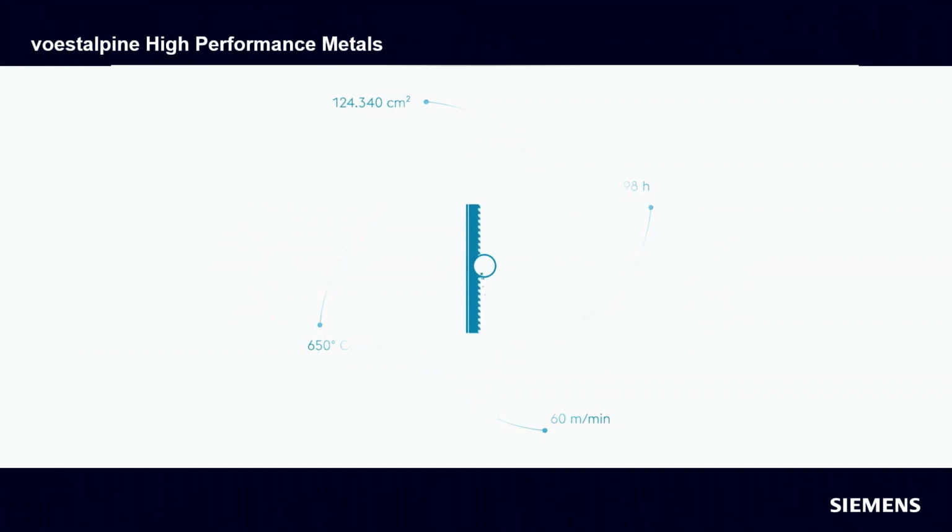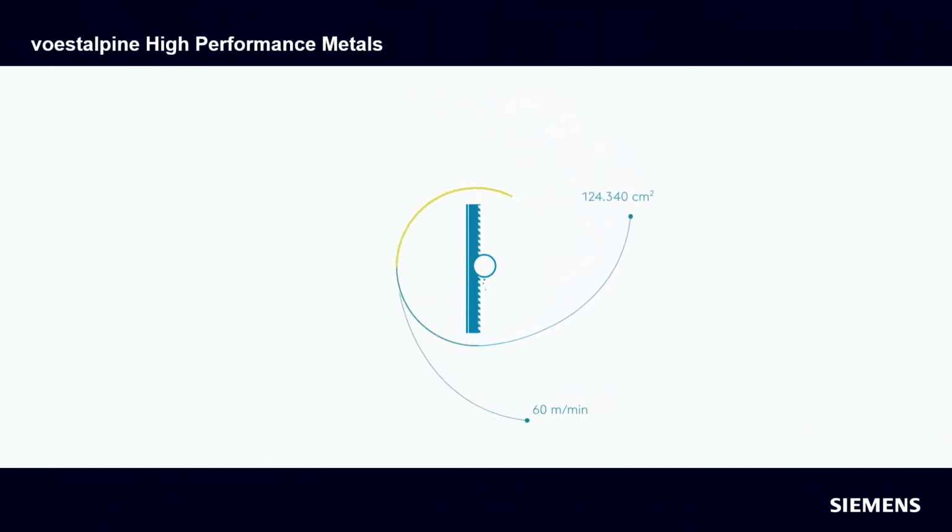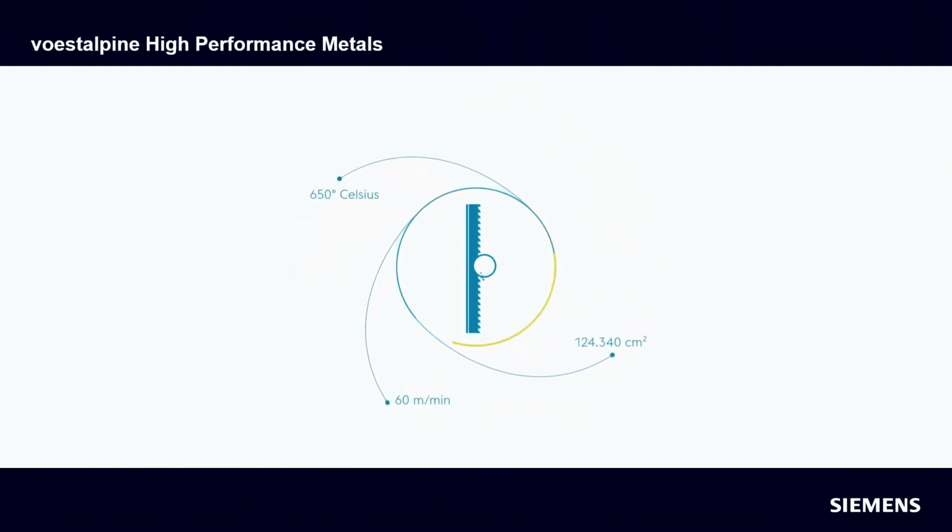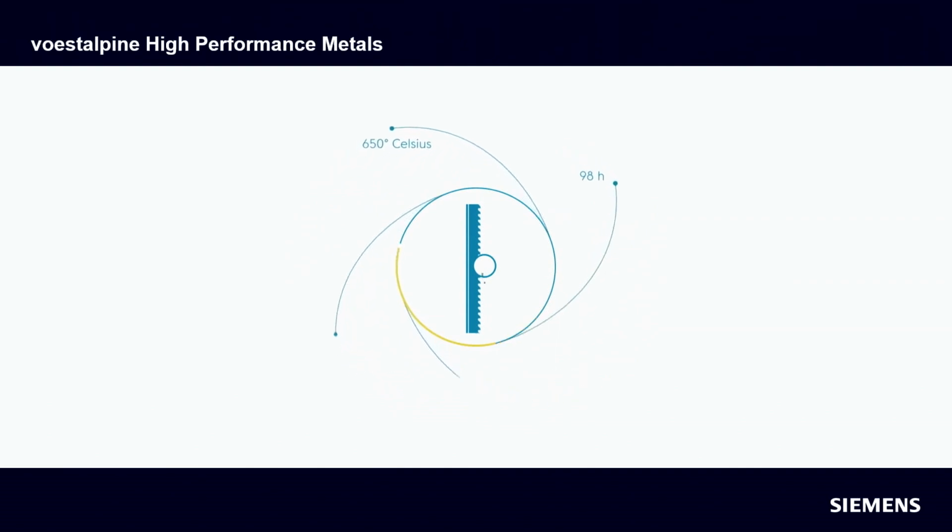Seen in this way, a saw is not just a saw. It is a saw blade which has cut 124,340 square centimeters of high alloy steel at a speed of 60 meters per minute and at temperatures of up to 650 degrees Celsius over the last 98 hours.